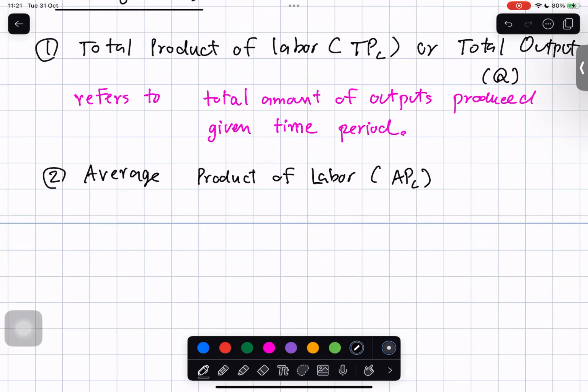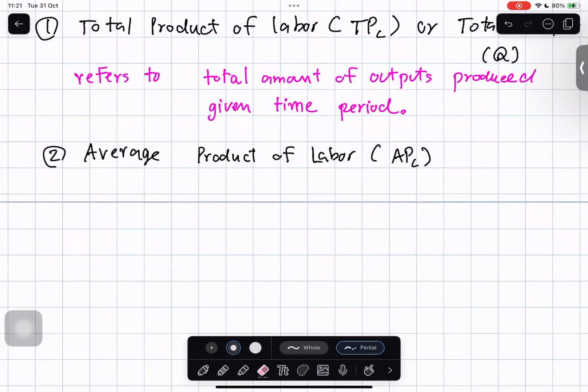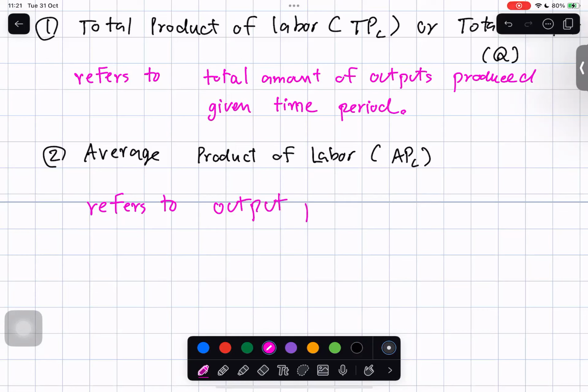Next one, average product of labor, AP subscript L. The term here refers to the number of cookies that we receive per worker.